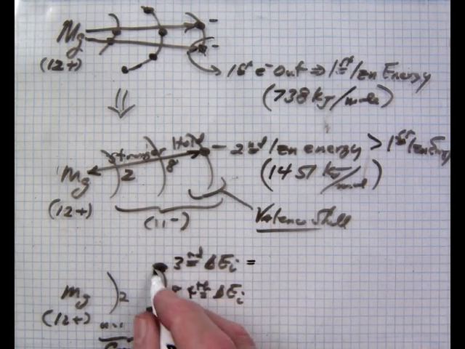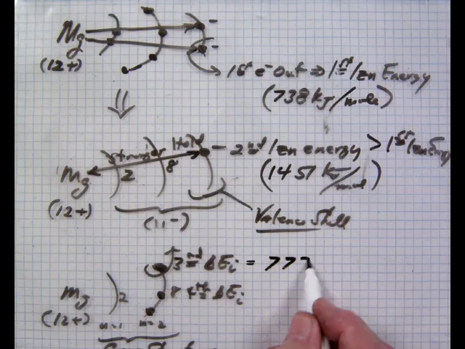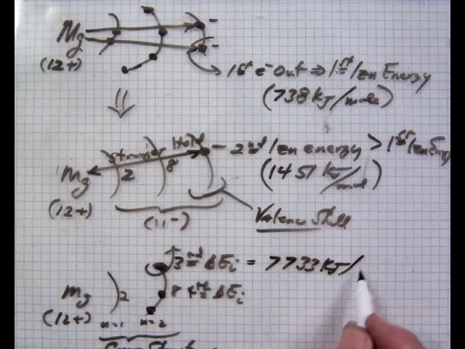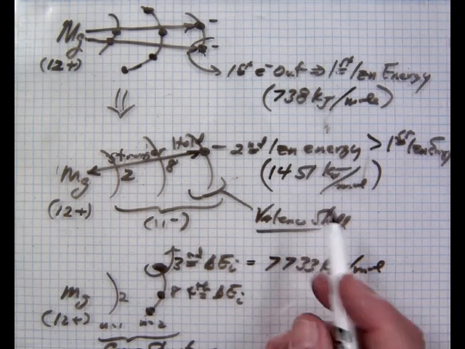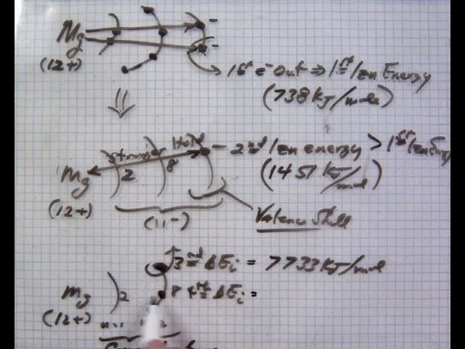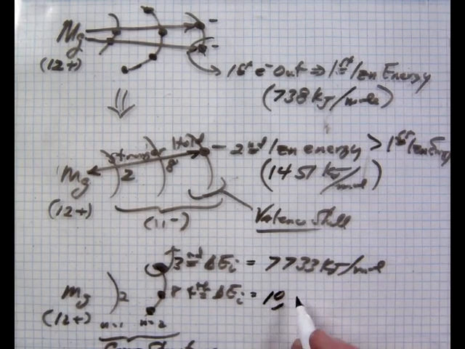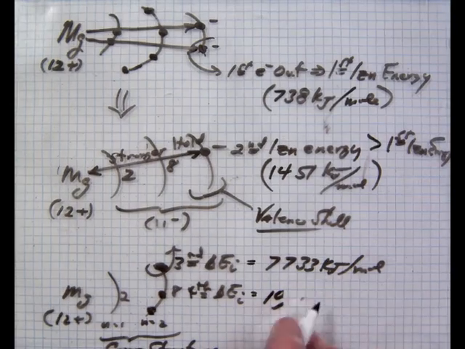The third ionization energy, to knock that one out, is 7,733 kilojoules per mole. Compare that to 1,400, okay? So 4 or 5 times larger. When you remove that one, the next one is still held on even stronger, and the ionization energy is 10,540 kilojoules.